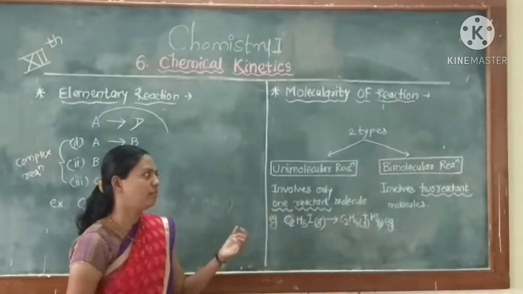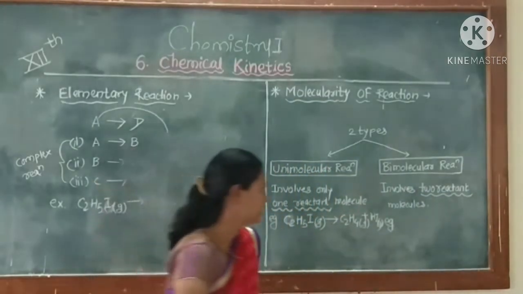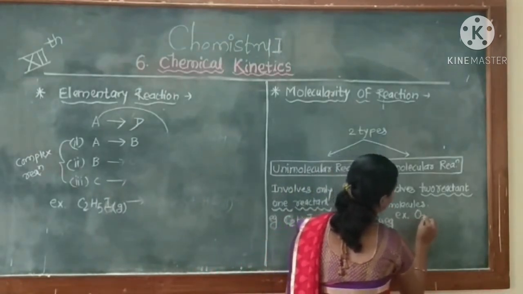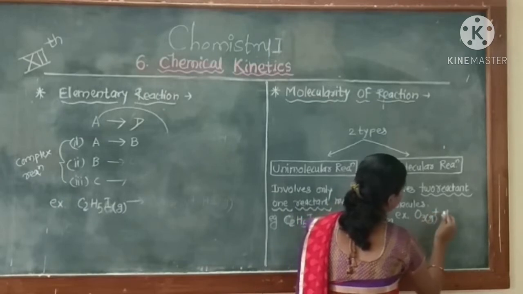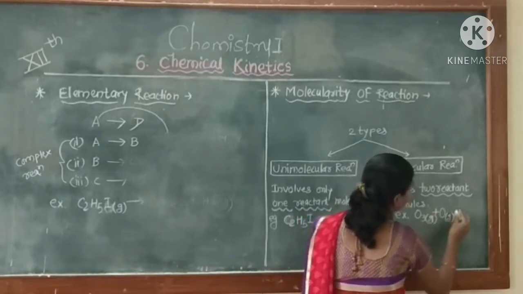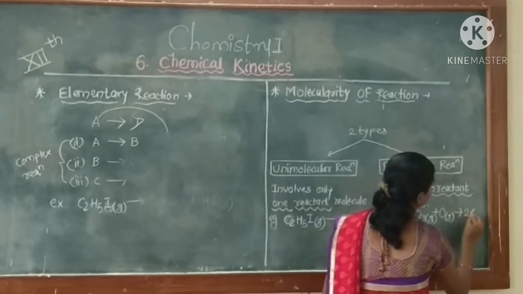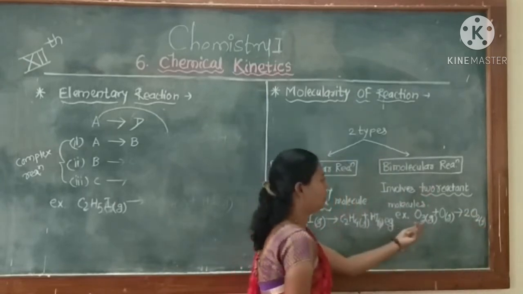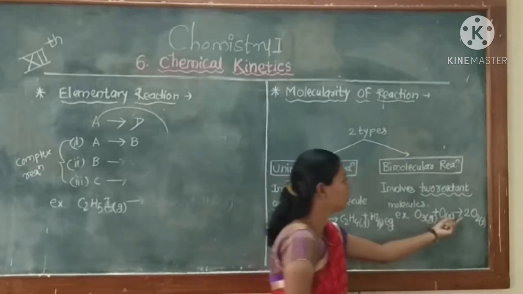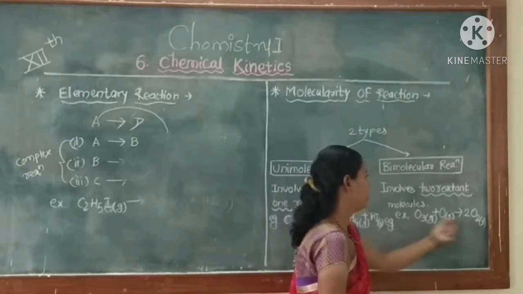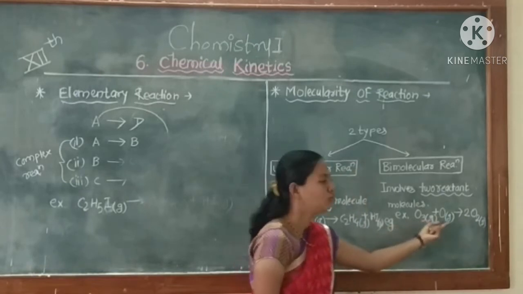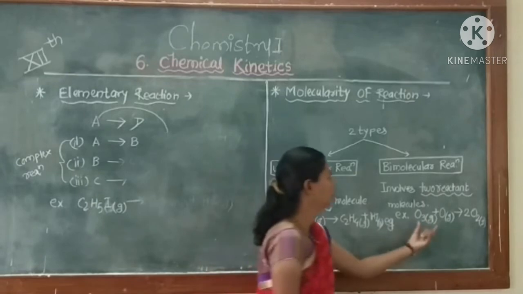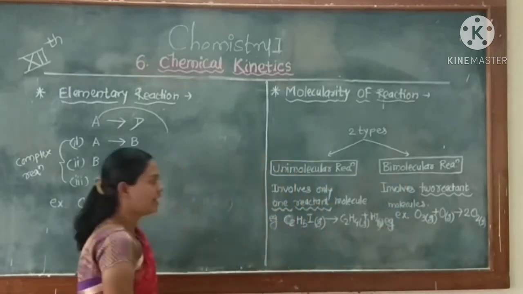An example for bimolecular reaction is ozone gas plus nascent oxygen gives twice O2 or oxygen gas. O3 gas plus nascent oxygen gives twice oxygen gas. In this there are two reactant molecules, ozone gas and nascent oxygen, which shows a bimolecular reaction.